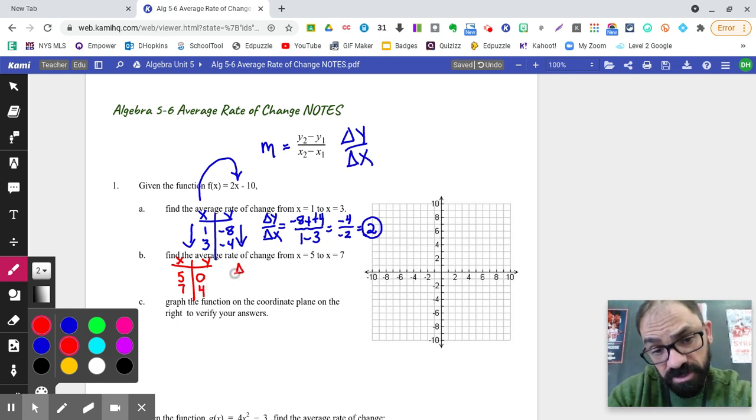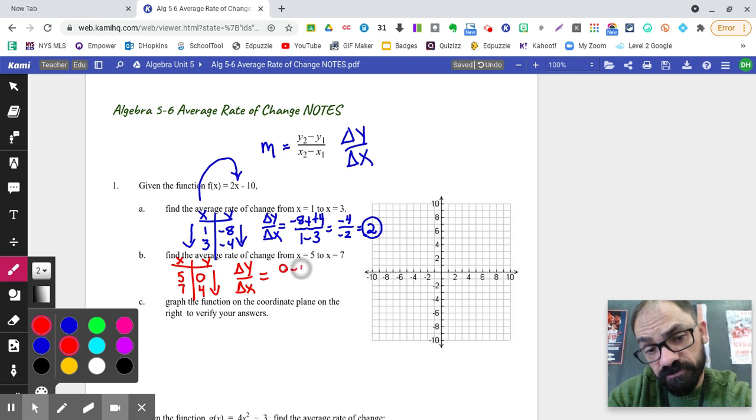All right, so let's apply our formula. Change in y over change in x. Subtract this way again. 0 minus 4 over 5 minus 7. Negative 4 divided by negative 2, and again I get 2.